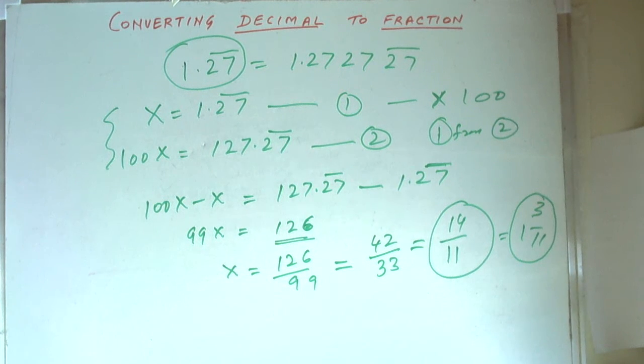In case of a recurring or repeating decimal, we need to take help from algebra by first setting that value equal to x and then multiplying suitably such that on the right hand side we are able to eliminate the repeating part of the decimal, and then we can get the value of x. So that is the basic trick in converting decimal to fraction. Thank you.